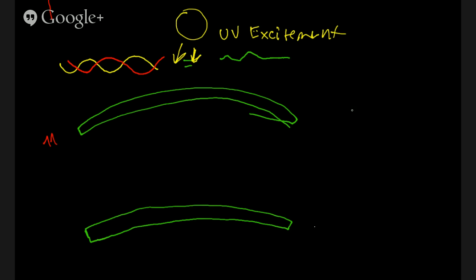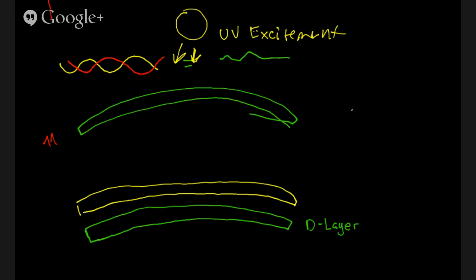And at the very bottom is the D layer, or the daylight layer. Directly above that, we have the E layer. And these both are directly dependent on excitement from the sun.